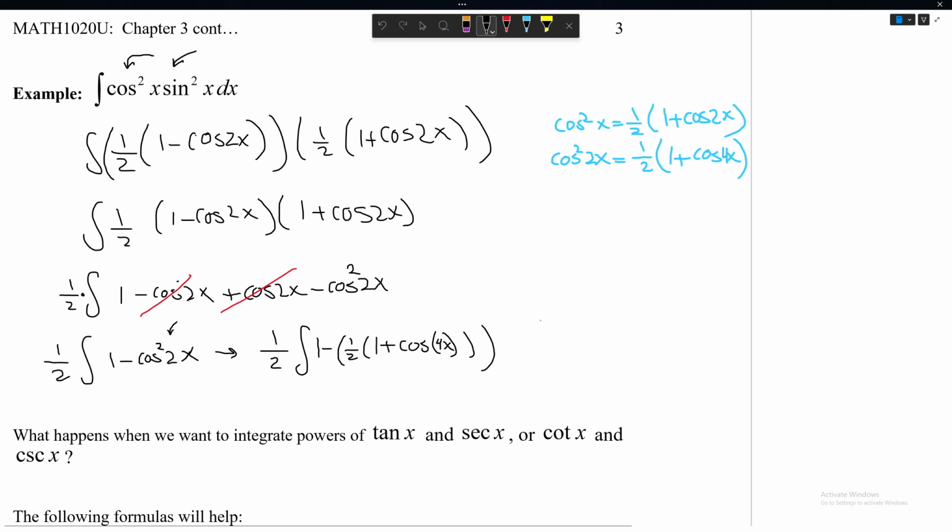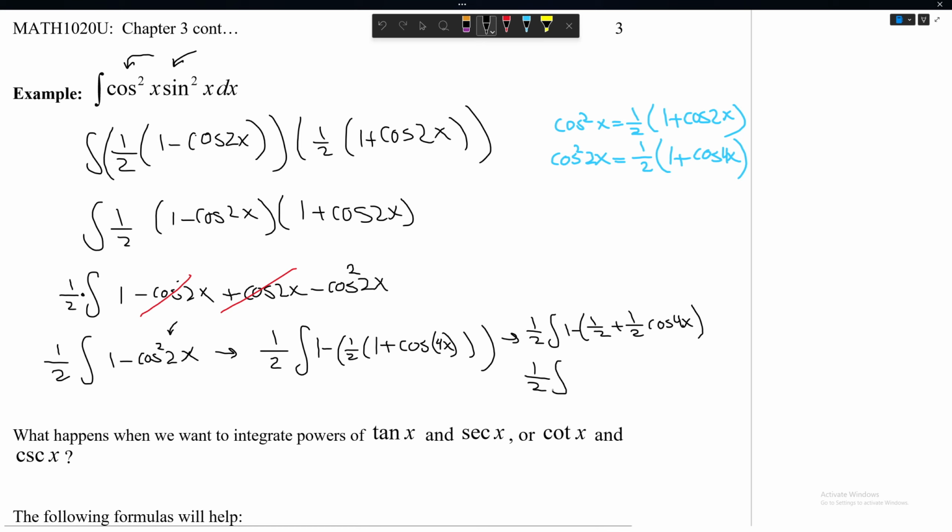Now I'll just simply FOIL. So what I'll get is 1/2 integral 1 minus 1/2 times 1 is 1/2 plus 1/2 cos 4x. Alright, now I can FOIL in my negative.